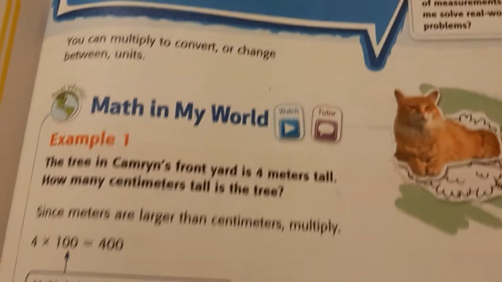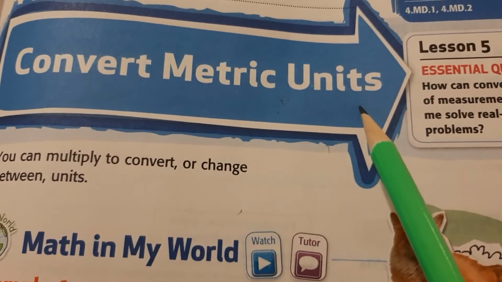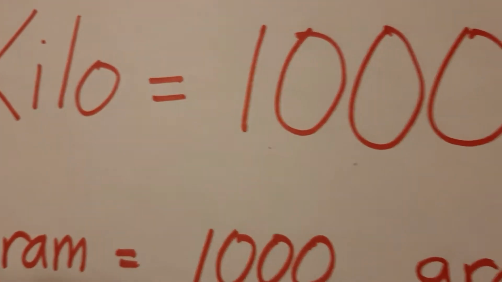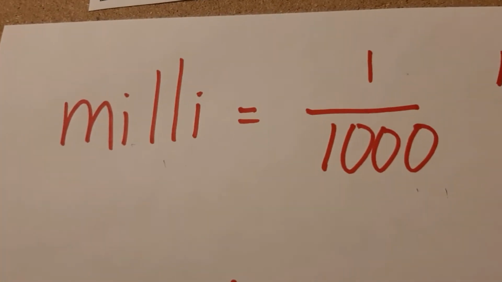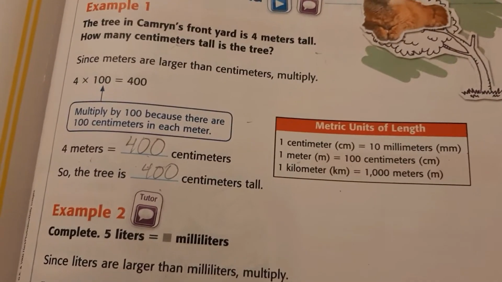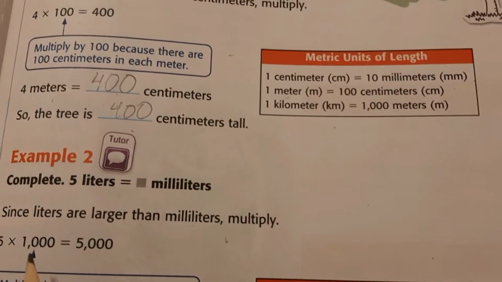But for this, it's one lesson for all the metric units because they're so similar. Kilo is 1,000, centi means 100, milli means 1/1,000th. You just have to plug in whether it's length or capacity or mass.